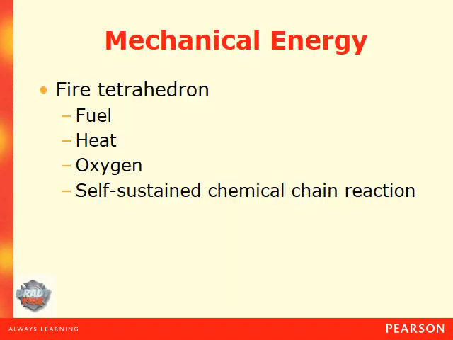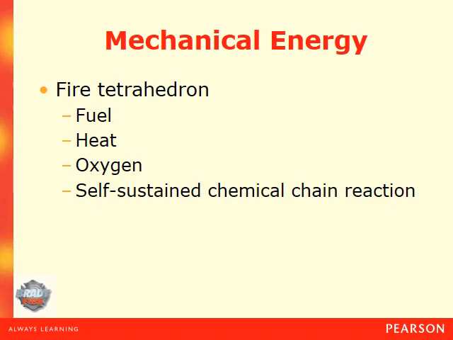So let's try to bring this all full circle. In order for something to burn where you have fire, all elements of the fire tetrahedron need to be present. You need to have a fuel. You need to have heat. You need to have oxygen and a self-sustaining chemical chain reaction. Remove any one of those and the fire will go out.